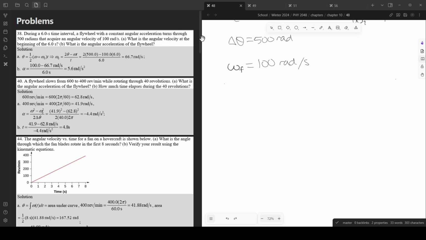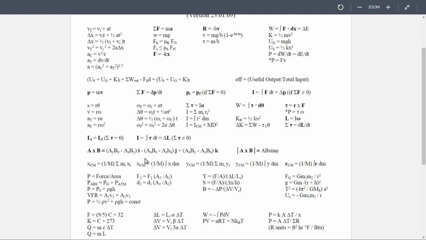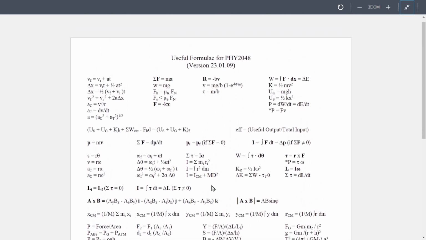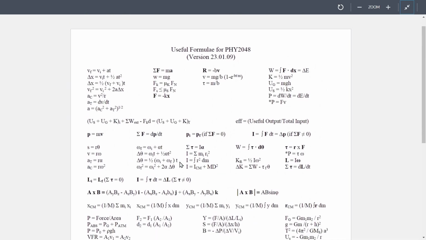As I stated earlier, this looks similar to a kinematic problem in translational kinematics. So let's go ahead and go to our formula sheet. So if we go here, we can see, where is it? Okay, right here. Here is all our angular kinematic equations, I guess.